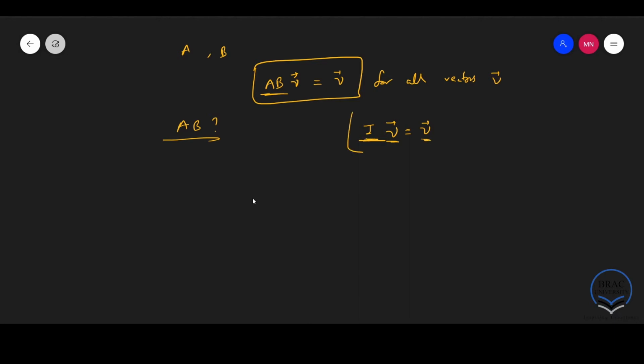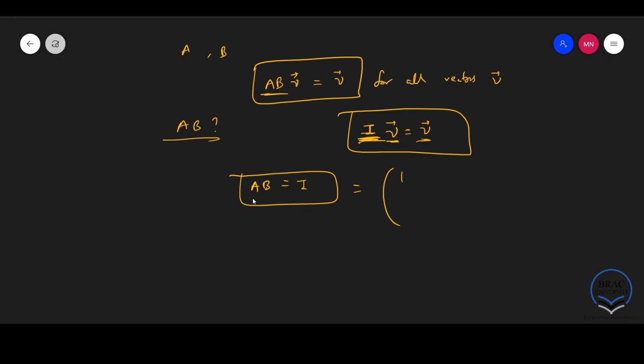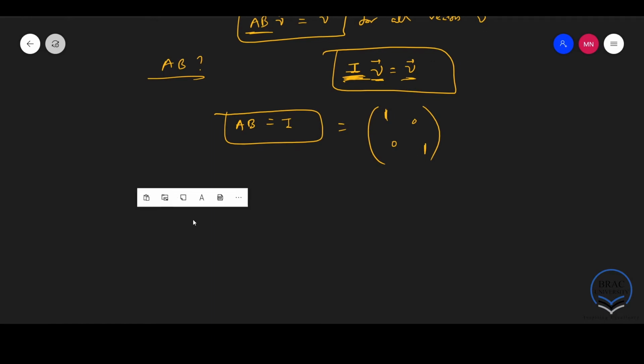And the identity matrix is a unique matrix. This is the only matrix that I can multiply the vector with to give me back that vector. So what does that mean? This means that AB must be equal to I, this identity matrix, which is just a matrix where the diagonal entries are 1 and all the other entries are 0.